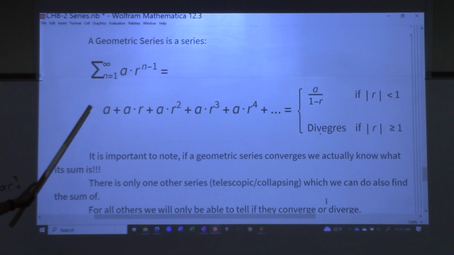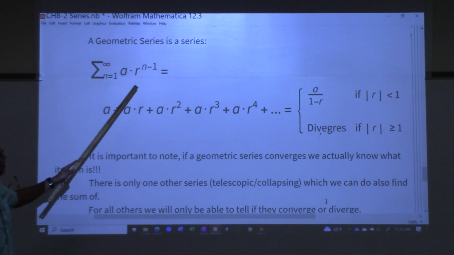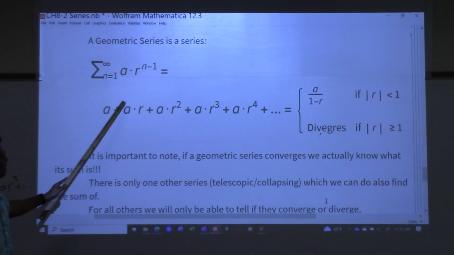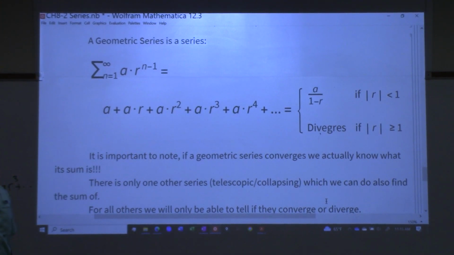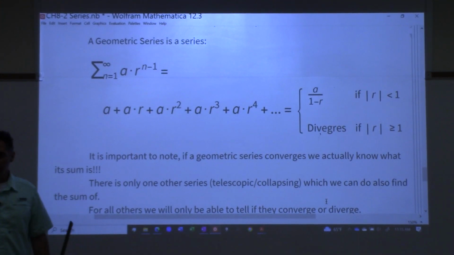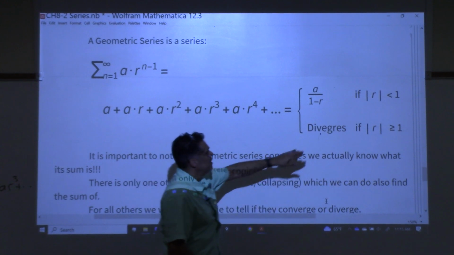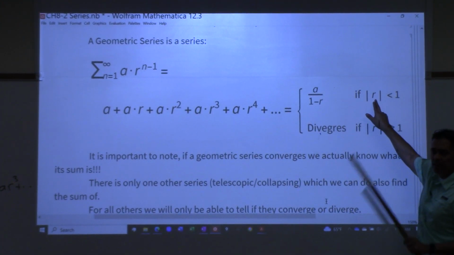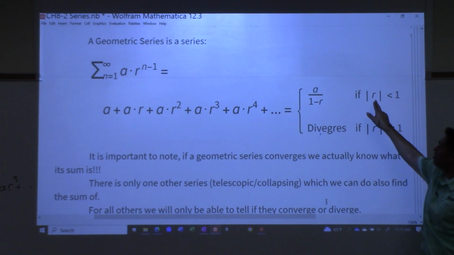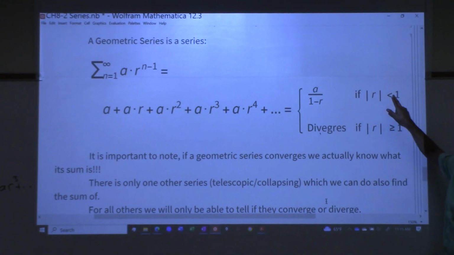So for any geometric series that looks like this, which is a number plus a number times r plus a number times r squared, blah, blah, blah, this series will converge so long as the absolute value of r is less than 1. So as long as that number that keeps getting raised to higher and higher powers has an absolute value less than 1, we will get convergence.